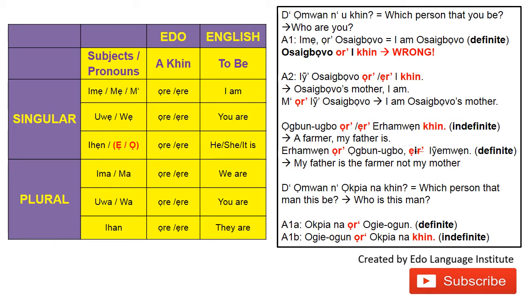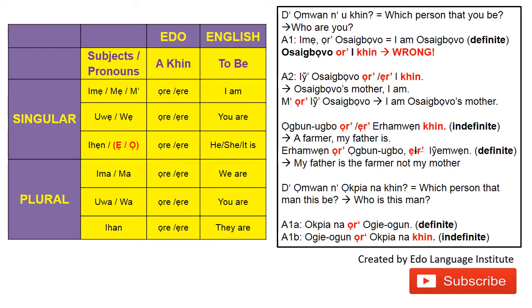Or this is the blacksmith near my house, or the blacksmith that is in my area. So it's a definite one because he is not the only blacksmith in the world. If you say the blacksmith, it means the other person has certain information about this particular blacksmith.